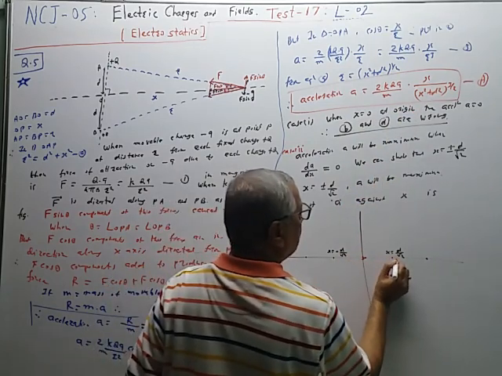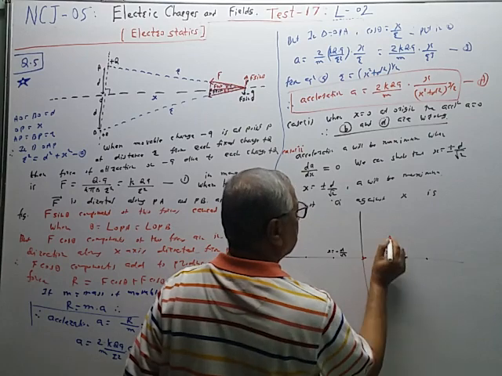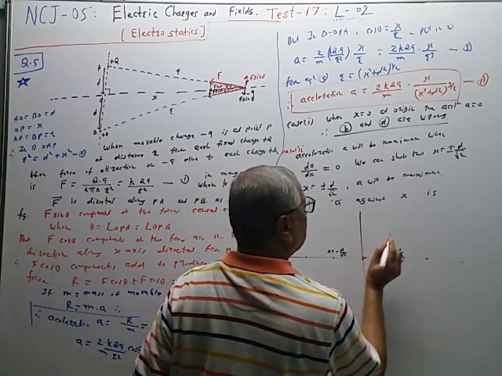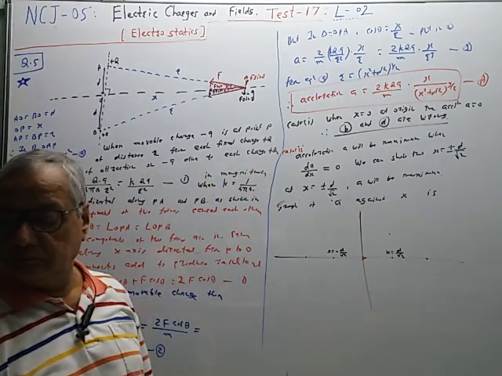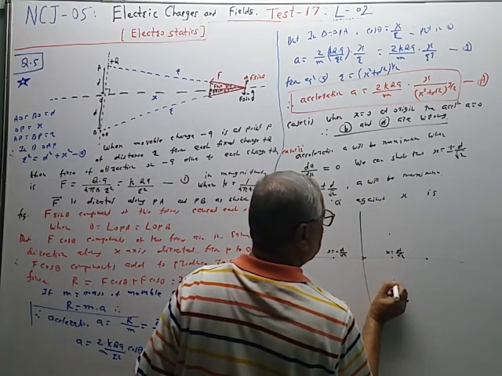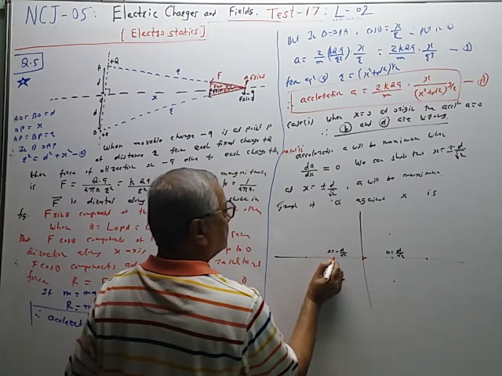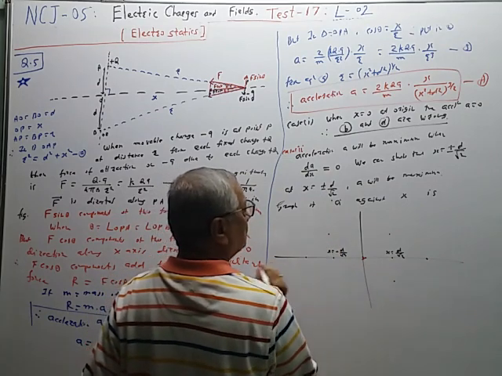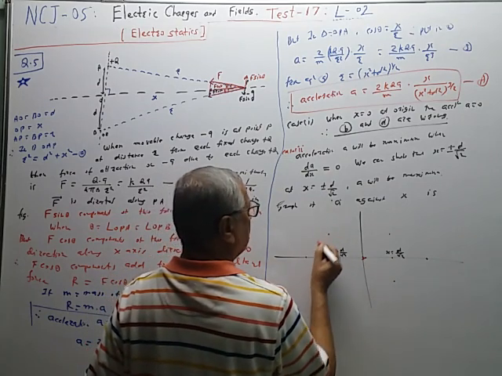At x is equal to d upon root 2, this is maximum and it is positive. It is negative because of the minus sign. So the graph is like this.